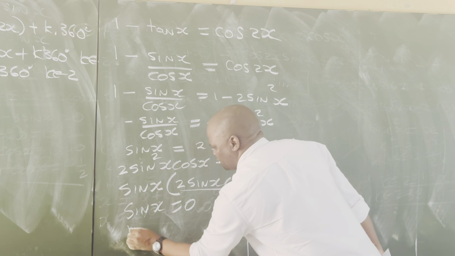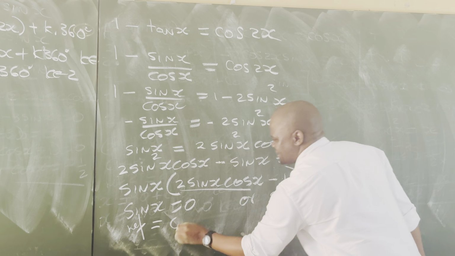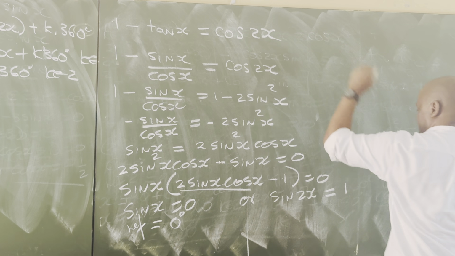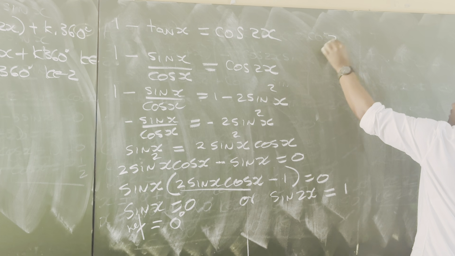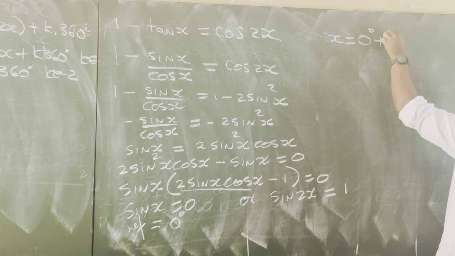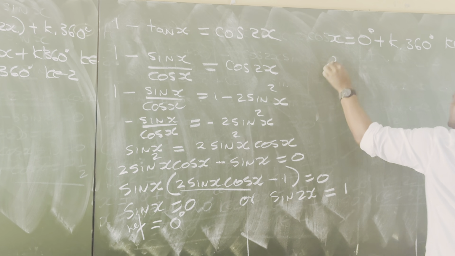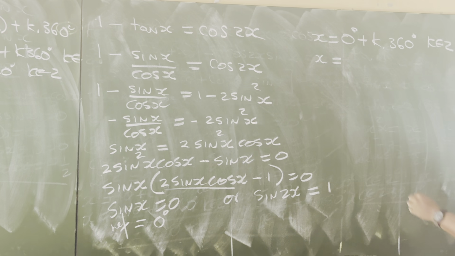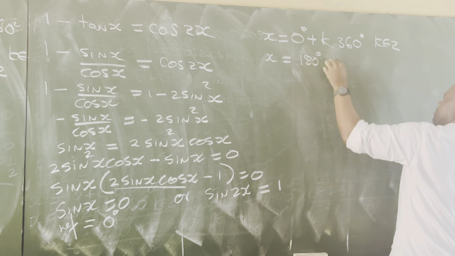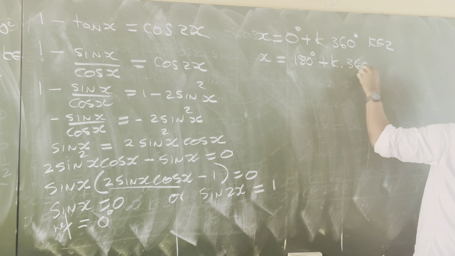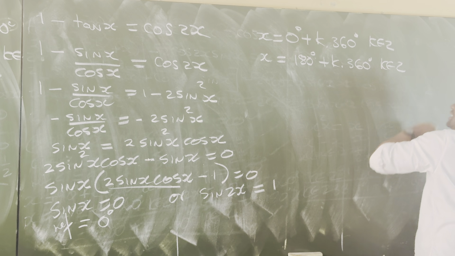Then the reference angle for this one, it's 0. Okay, let's find the general solution here. So since it's 0, we have x equals to 0 plus k times 360, where k is an element of integers. Then our second solution will be 180. So it's 180 plus k times 360, where k is an element of integers.